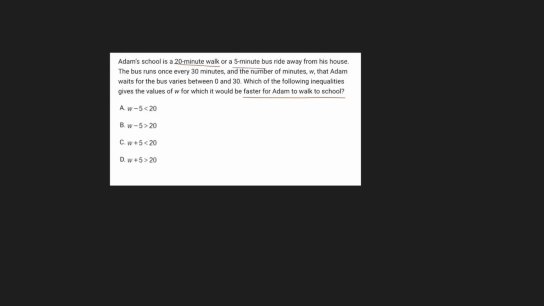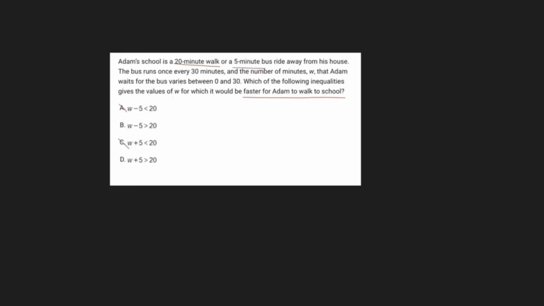So first off, we can eliminate two answer choices because these don't show that relationship. The first one is A, and then the second one is C, right? These show that 20 is greater than the left side, which we don't want. And now we're down to B or D. Well, the thing with B is it shows W minus 5. In reality, this doesn't really make any sense because that 5-minute bus ride is not something we subtract from the waiting time, right?